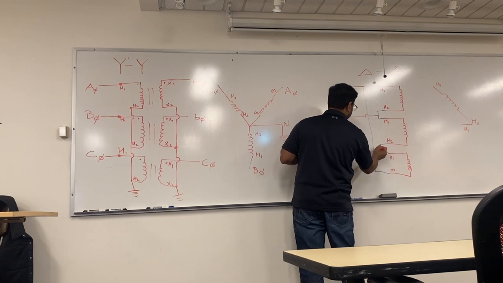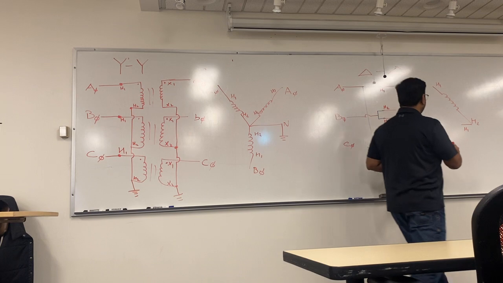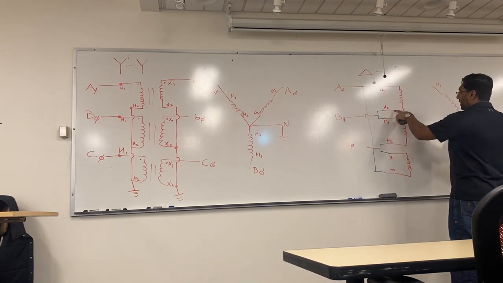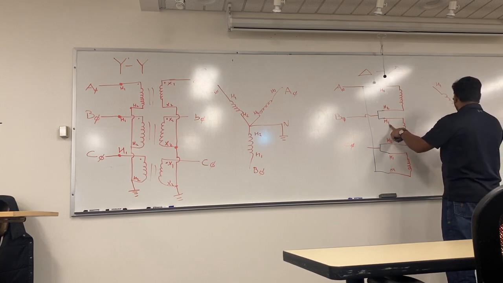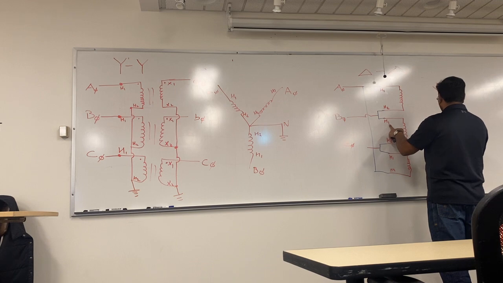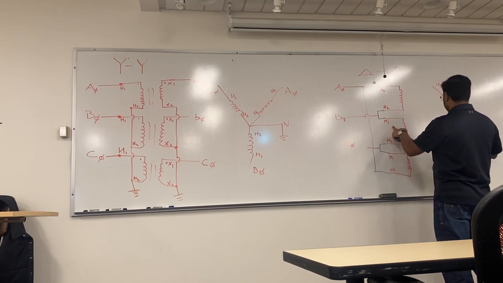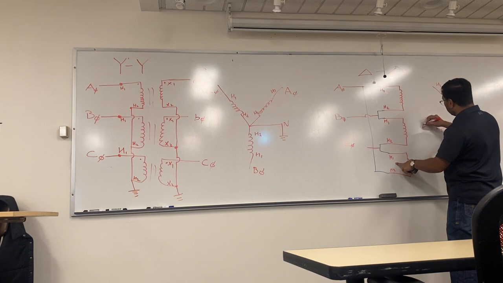Let me try that once more. So this H1, H2 is this guy. It's connecting to H1 over here. So H2 is getting connected to H1 here. I have the winding. Now this H2 is getting connected to this H1 here. So it's H1, H2.